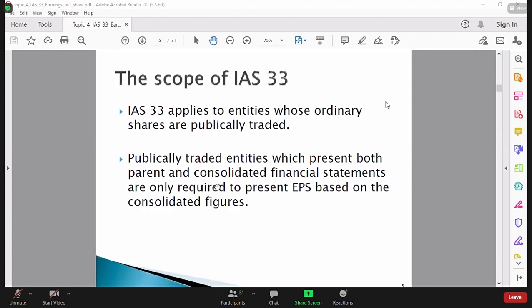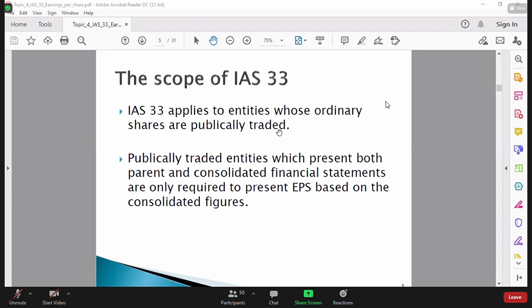And then the scope of IAS 33: IAS 33 applies to entities whose ordinary shares are publicly traded. So small and medium enterprises, SMEs, will not have to calculate EPS. This EPS is only for companies on Bursa Malaysia.